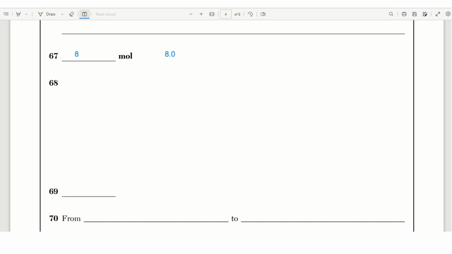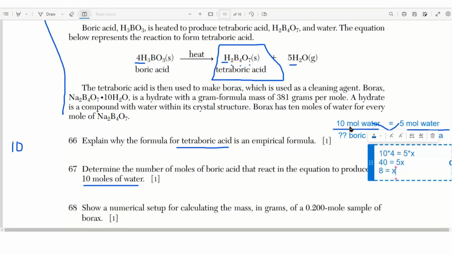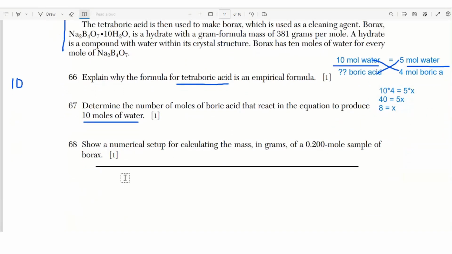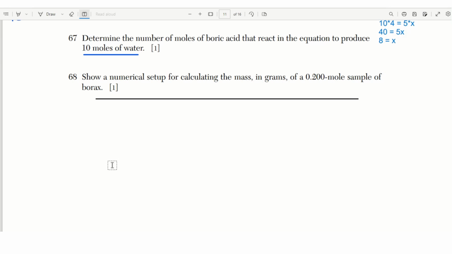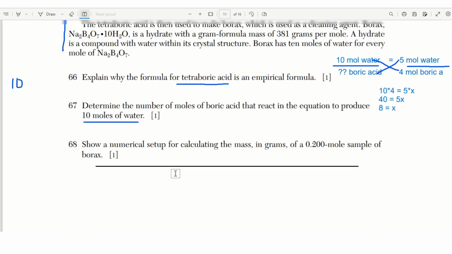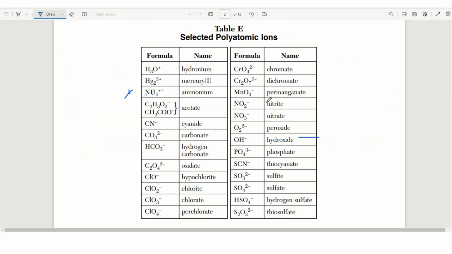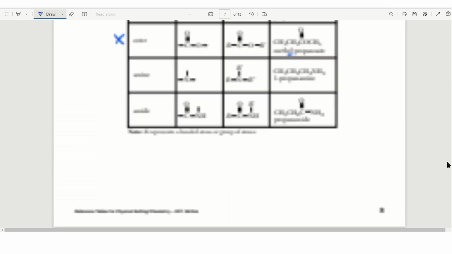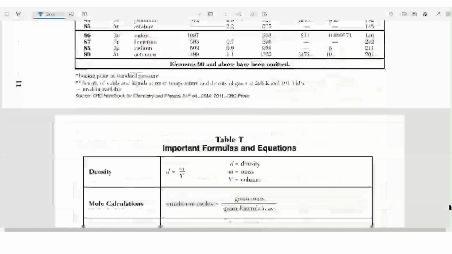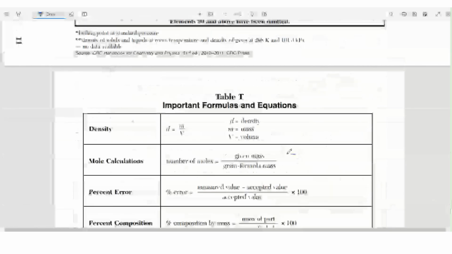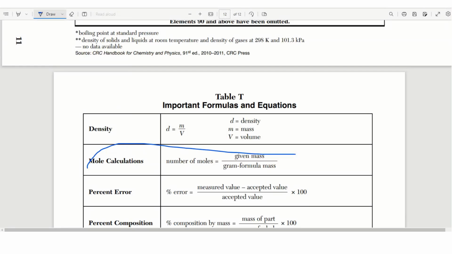So I'm drawing something, I'm solving something, I'm setting something up. So show a numerical setup for calculating the mass in grams of a 0.200 mole sample of borax. Okay, so I need a formula from the reference table, right? This is the formula for mole calculations.